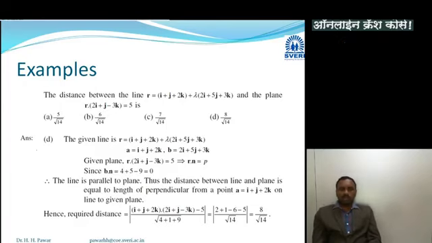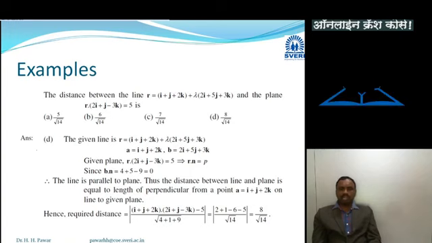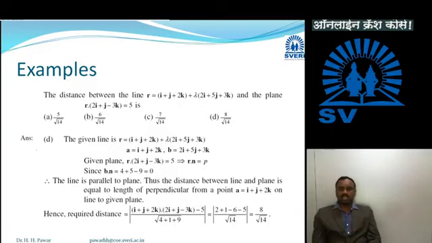Hence the distance between the line and plane is equal to the length of the perpendicular from a point A, with position vector a bar equal to i plus j plus 2k on the line, to the given plane. Hence the required distance is obtained by the shortest distance formula: a bar dot n bar minus d divided by modulus of n bar.